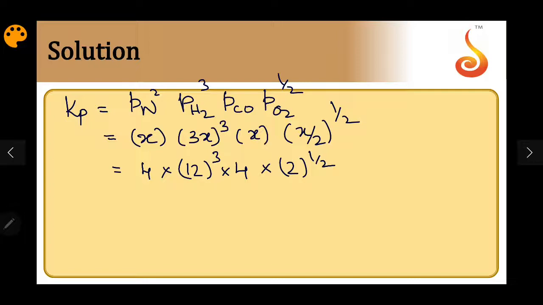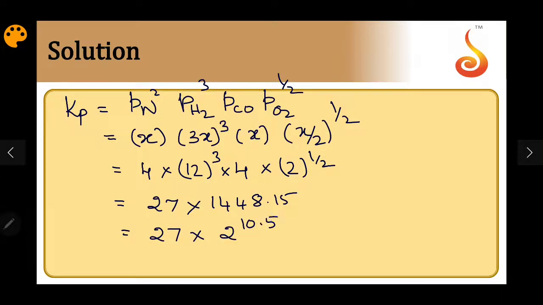So if you simplify this and divide by 27, because I have to express the Kp value in terms of 27 into 2 to the power lambda by 2. If I multiply everything and divide by 27, I get this as 27 into 1448.15. So if you express that in powers of 2, it is 27 into 2 to the power 10.5.